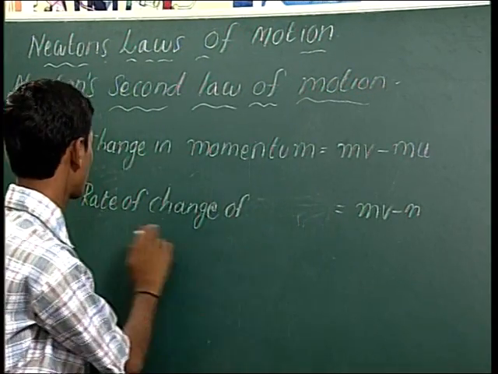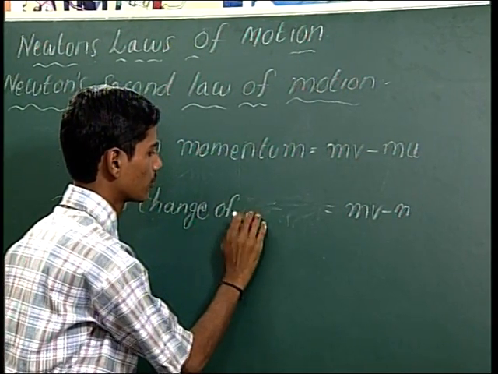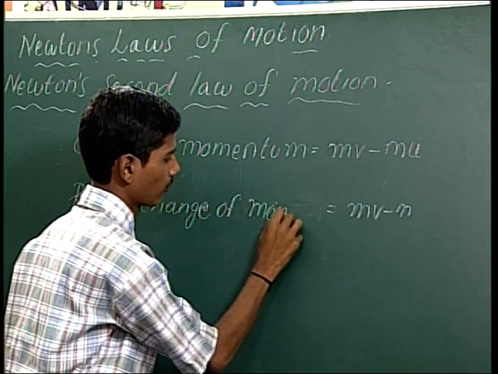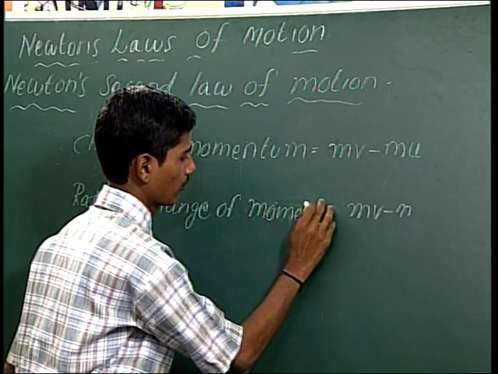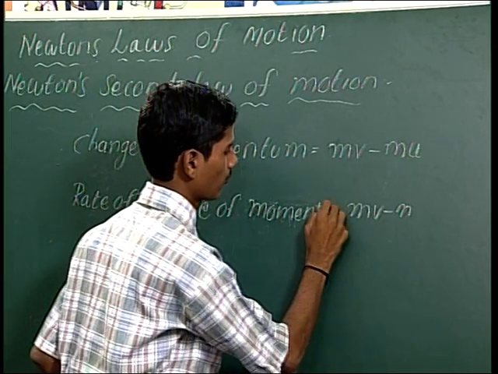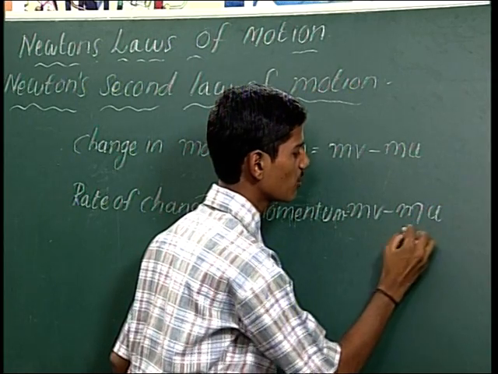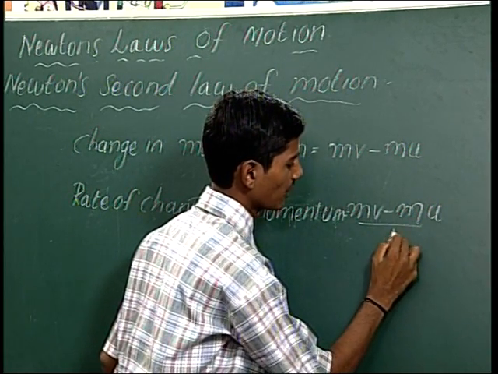Change in momentum, the rate of change of momentum, is final momentum minus initial momentum divided by time.